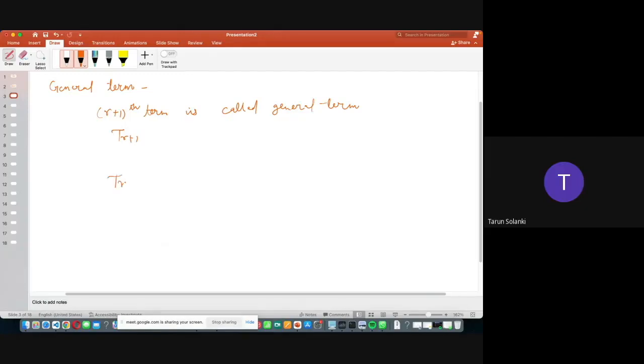So here we can write it as T(r plus 1) is equal to nCr x to the power n minus r a to the power r, or nCr, first term to the power n minus r, second term to the power r.